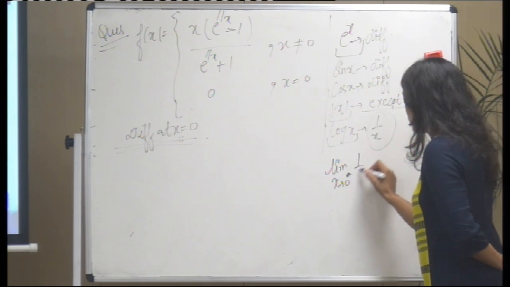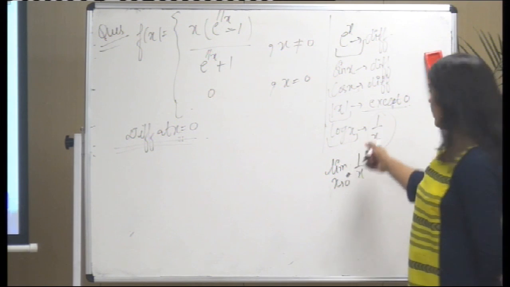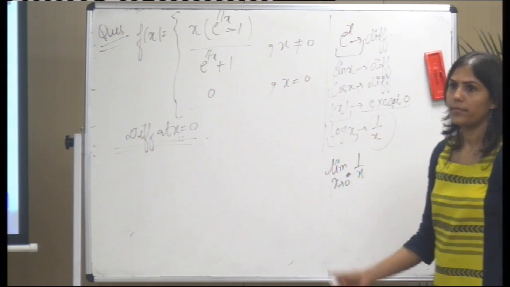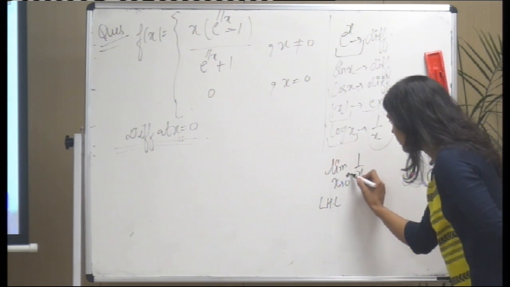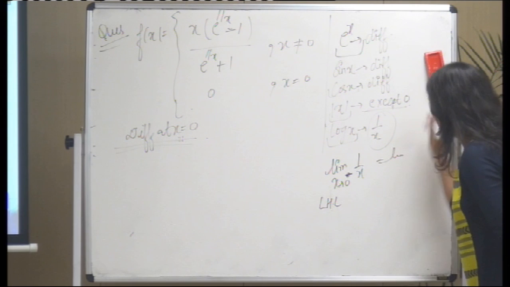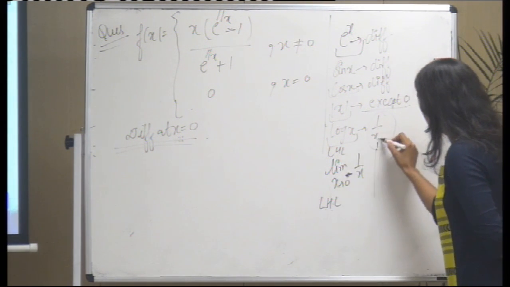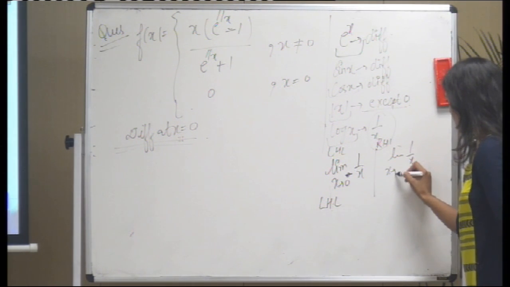Okay, you give me the left hand limit and the right hand limit. What will those limits be? LHL will be what? The limit of 1 by x as x tends to 0 minus. RHL will be the limit of 1 by x as x tends to 0 plus.